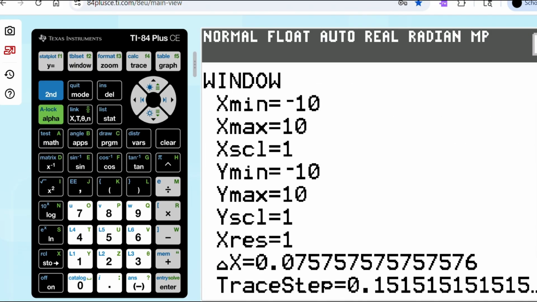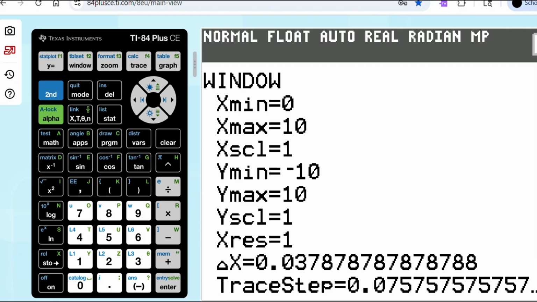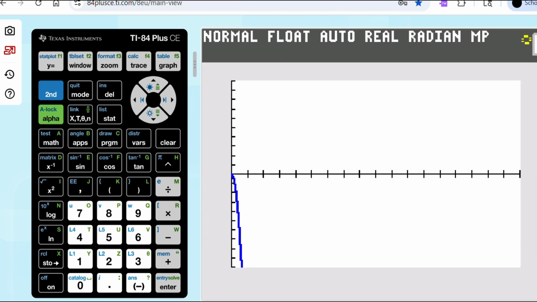I'm going to hit window, and change my x minimum to 0 and my x maximum to 18, because that was the interval that we were looking at here. So now when I graph it, I'm only going to be seeing things on 0 to 18.